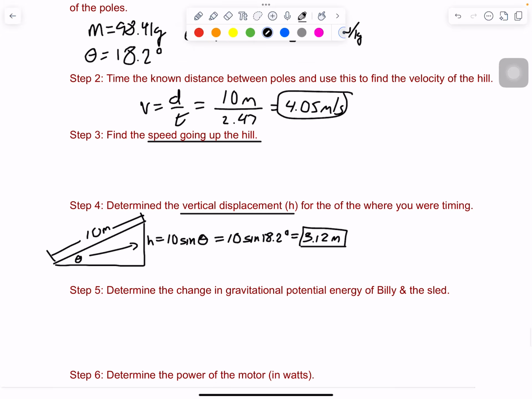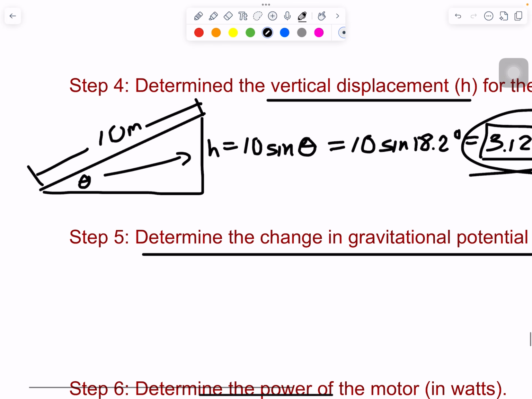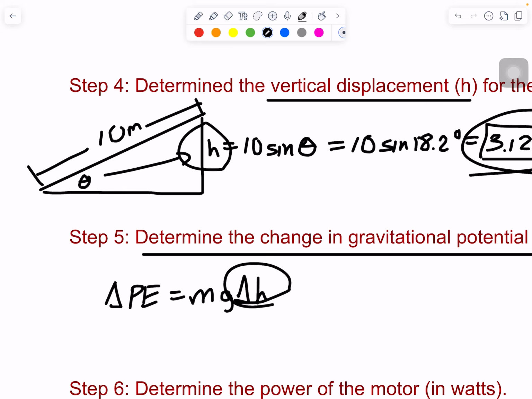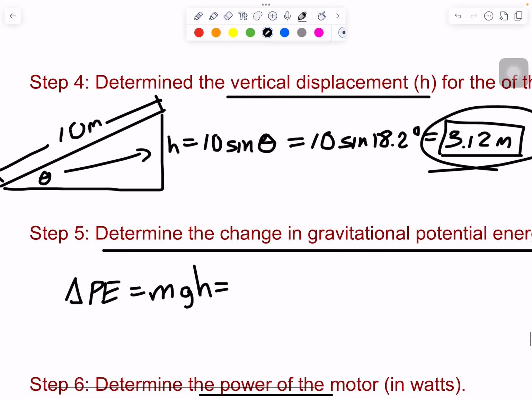Now we're going to determine the change in gravitational potential energy based on that height. The change in gravitational potential energy is going to be mass times g times a change in height. If potential energy is mgh, then a change in potential energy is m times g times a change in height. Well, the change in height is the height right here, so that's easy. So it's really just going to be written as mgh, just for simplicity.